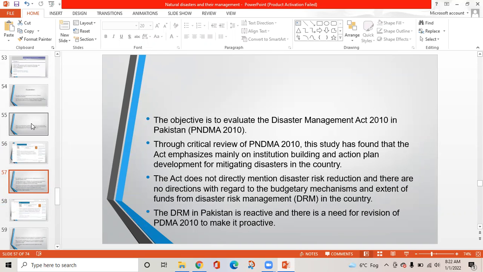This study found that the Act emphasizes mainly institution building and action plan development for mitigation of disasters in the country. The Act does not directly mention disaster risk reduction, and there are no directions with regard to the budgetary mechanisms and the extent of the funds for disaster risk management in the country. Disaster risk management in Pakistan is reactive, and there is a need for revision of the Act to make it proactive.